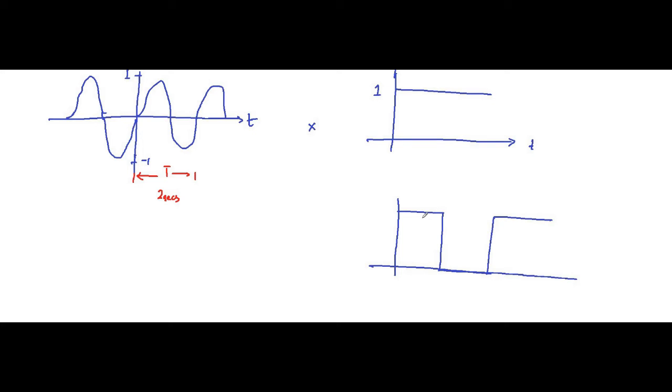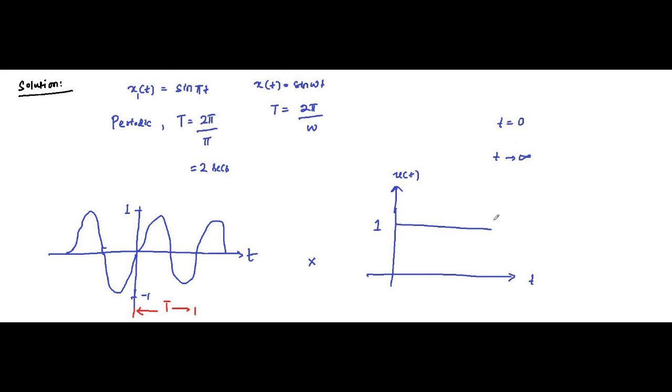There is a particular pattern which is getting repeated. The basic requirement of a periodic signal is that a fixed pattern is repeated at regular intervals of time. But here there is no such thing. The unit step goes on indefinitely from 0 to infinity, so this is not periodic.